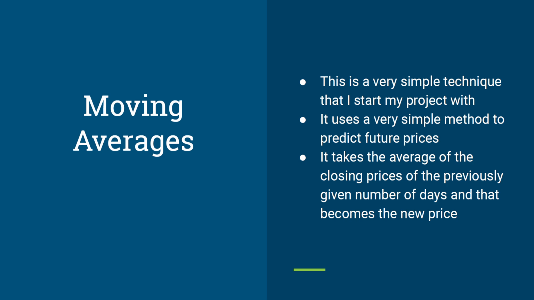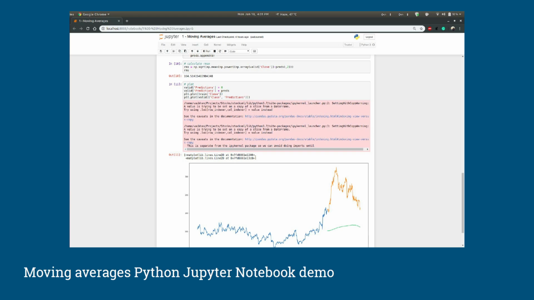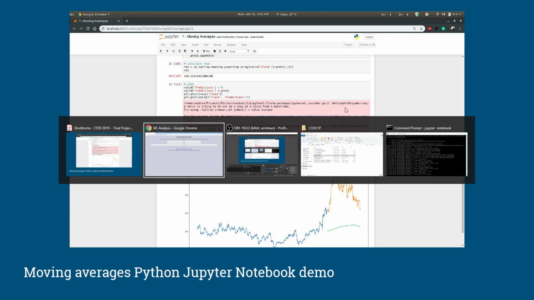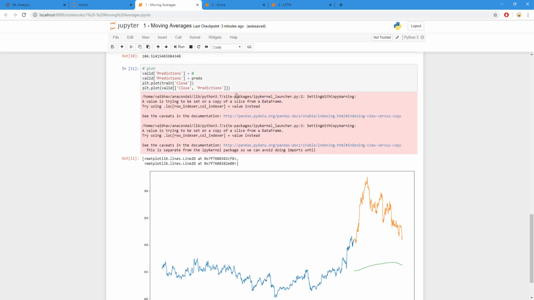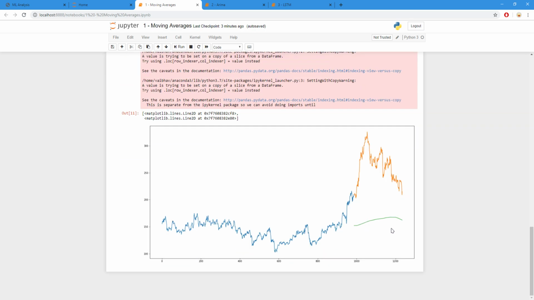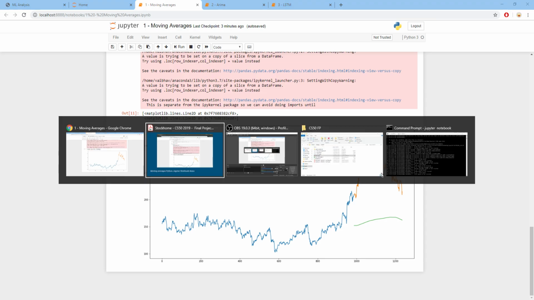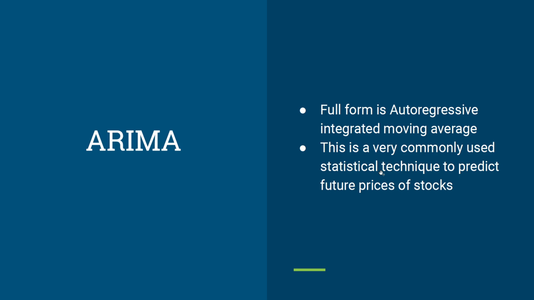Due to this technique, I have also used the predicted prices to calculate the future prices, and that's why it's not very accurate. As you can see, the green line here is the actual price, while the part in yellow orange is the predicted price.